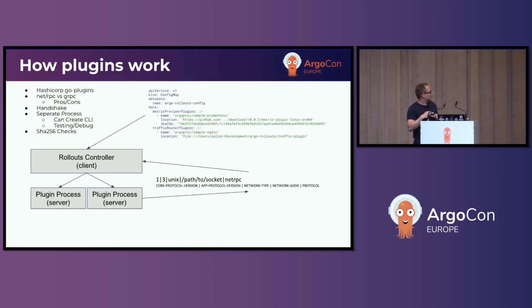And when those processes spin up, they'll basically output a handshake that informs the controller how to connect to the plugin. The plugin library itself supports gRPC and netRPC, which is a native Golang RPC framework. I kept it as a first pass as a netRPC service.